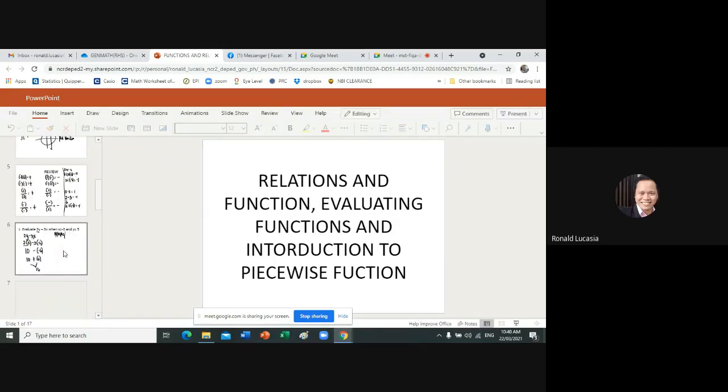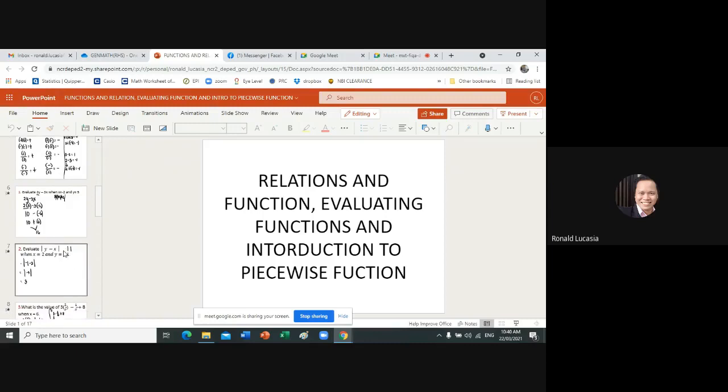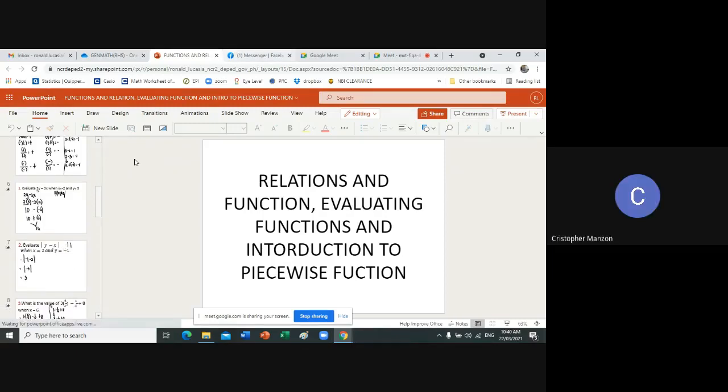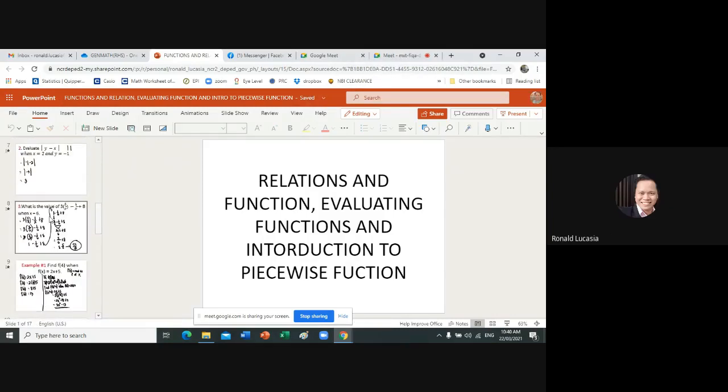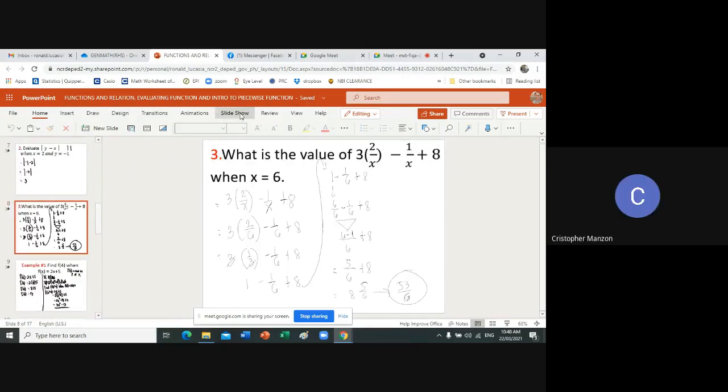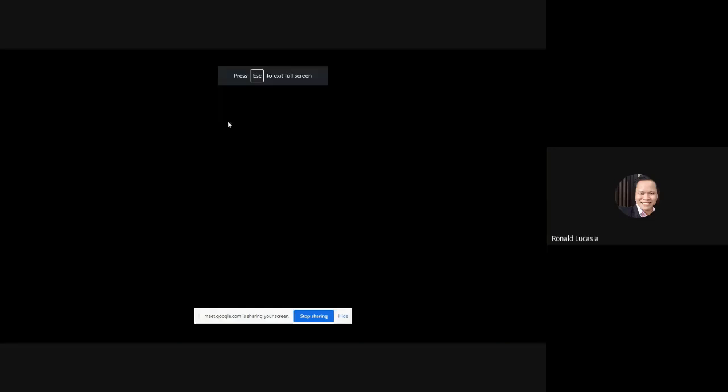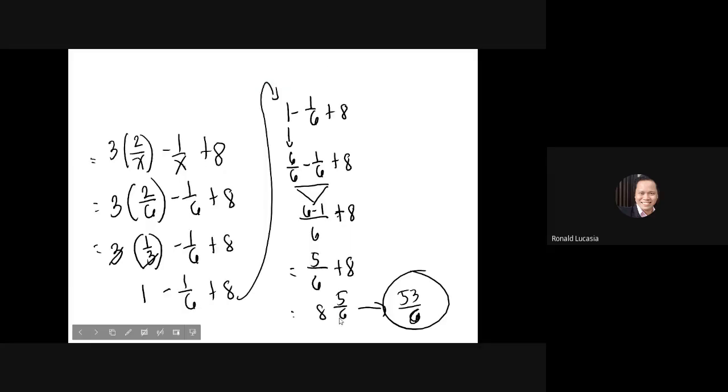Nakikita ba yung screen ko? Yes po, yes po. This one. Ang tinutukoy mo ay ito. Yung 1 over 6 at saka 8 ba tinutukoy mo? Opo.